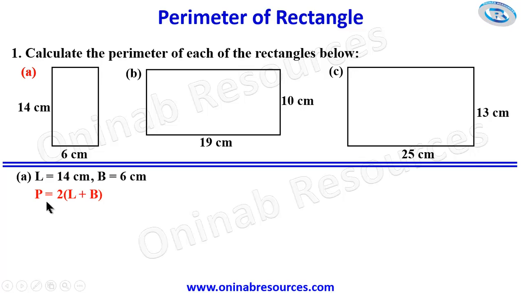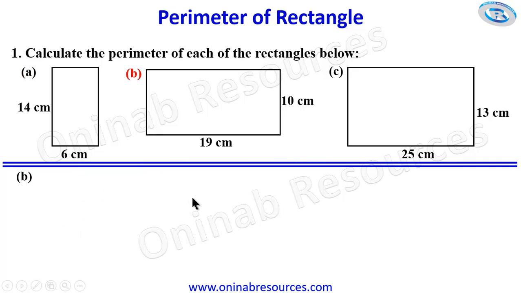So we still remember the perimeter is 2 into (L plus B). So we have it as 2 (14 plus 6). 14 plus 6 gives 20. So we write 2 times 20, giving us 40 centimeters as the perimeter of the rectangle whose length is 14 centimeters and the width is 6 centimeters.